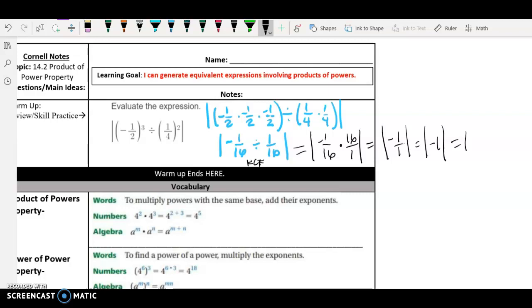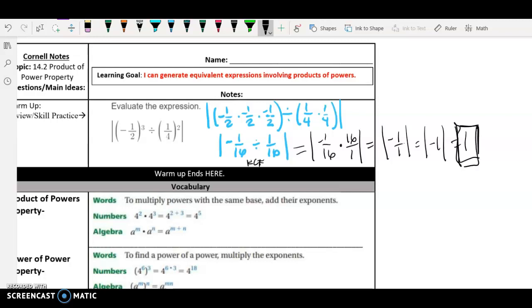So then we have to do keep, change, flip because we can't divide fractions. So that gives us -1/16 times 16/1, and that gives us -1/1 because it was -16 over 16. And then that equals -1, and we want the absolute value of that, so that gives us a +1.